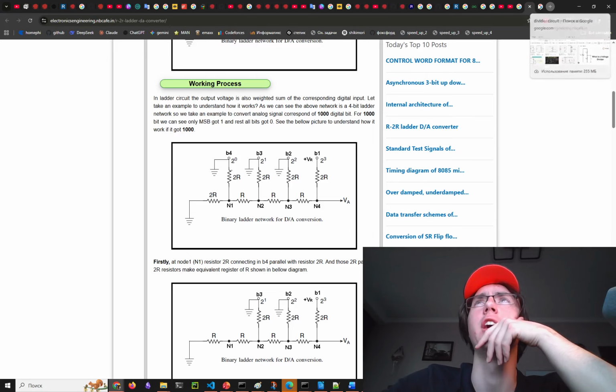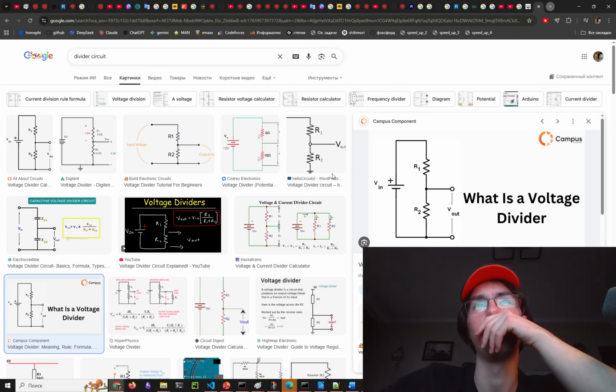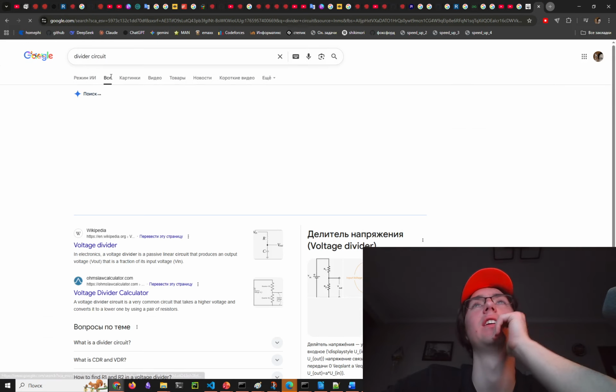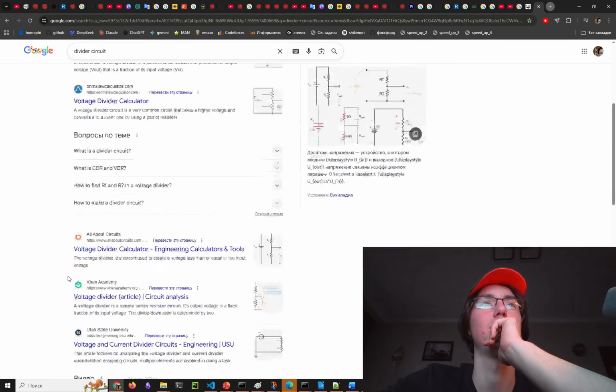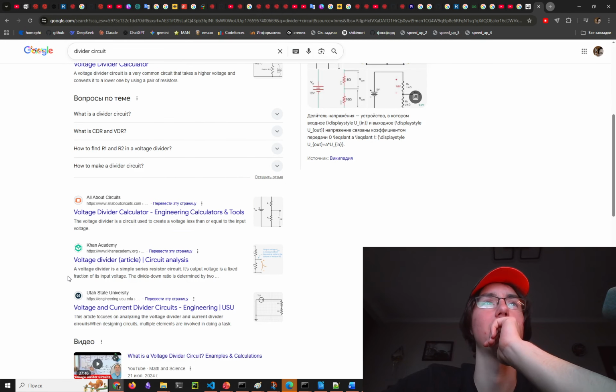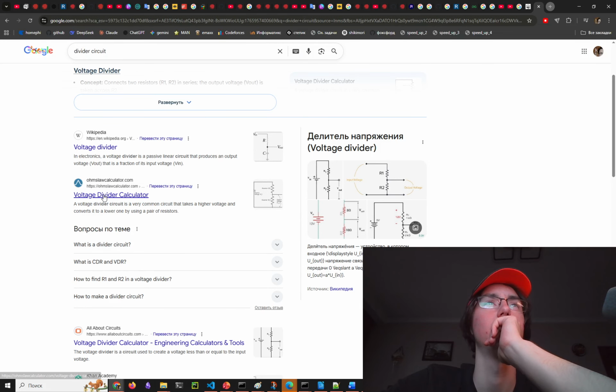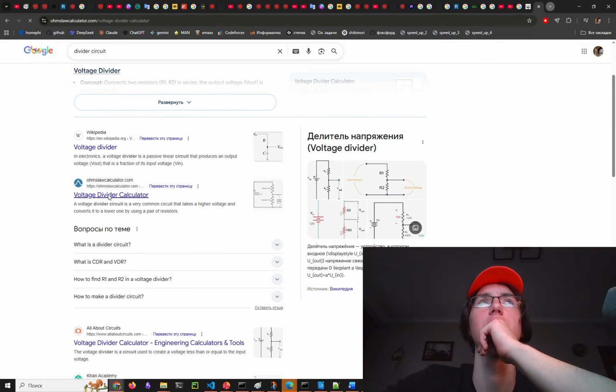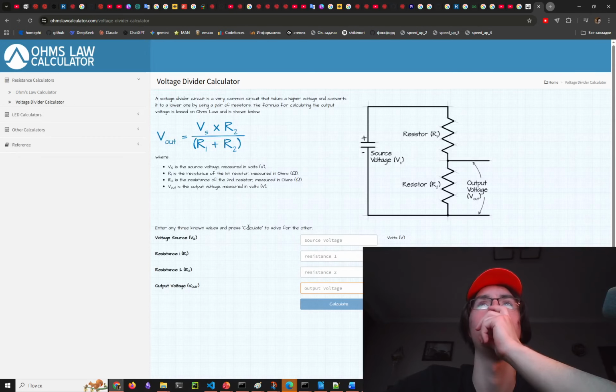So I guess firstly I have to understand how the voltage divider works. Then I can actually see how the DAC works. No, let's go here. Just to read a little more about it.